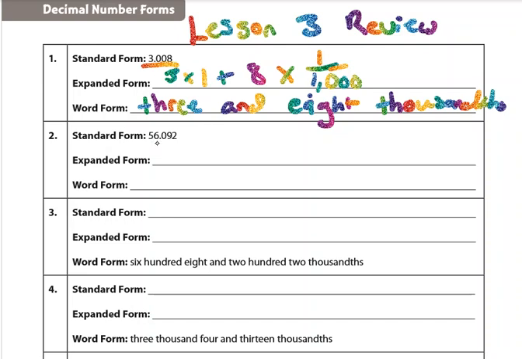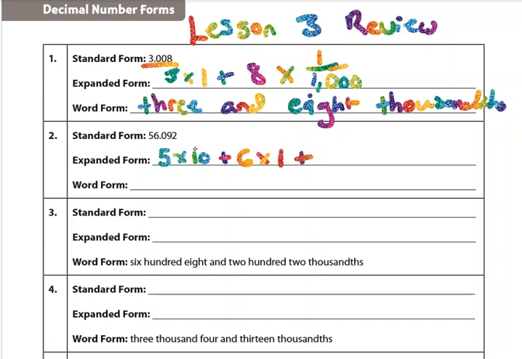So the next one is number 2, and it says the standard form is 56 and 92 thousandths. So the first thing we're gonna do is our expanded form, just like before. We start with the largest place value, which is tens. So we have 5 tens, so 5 times 10. All right, then we're gonna add. We have 6 ones, so 6 times 1.